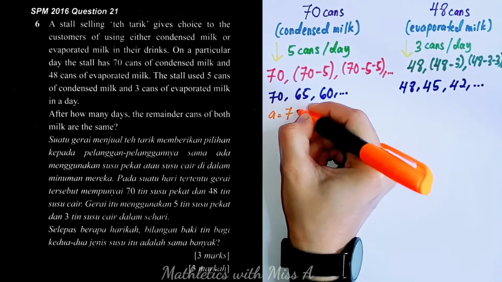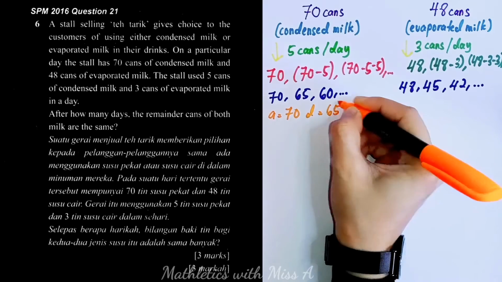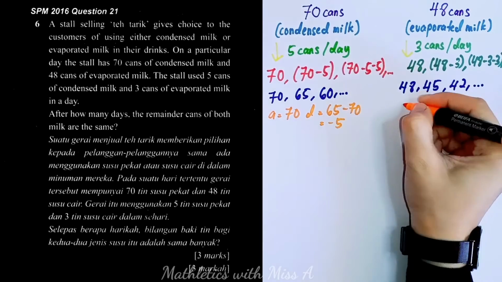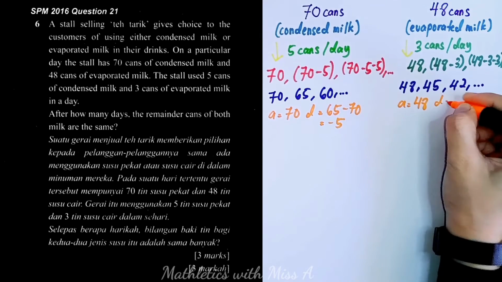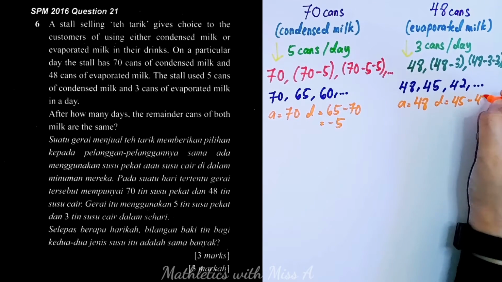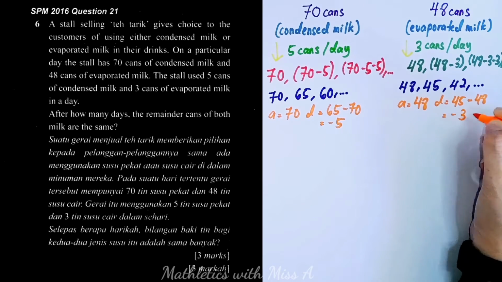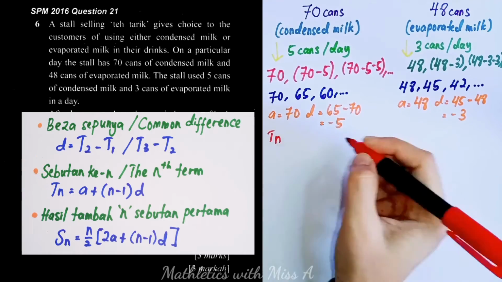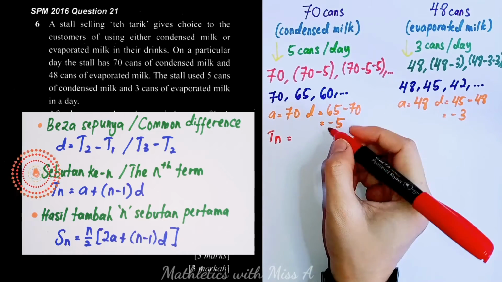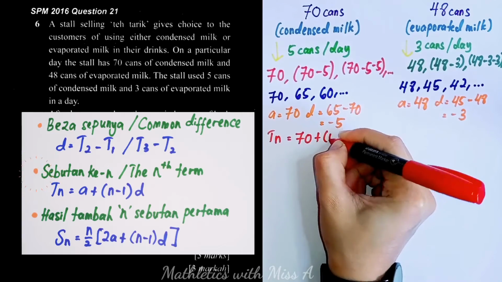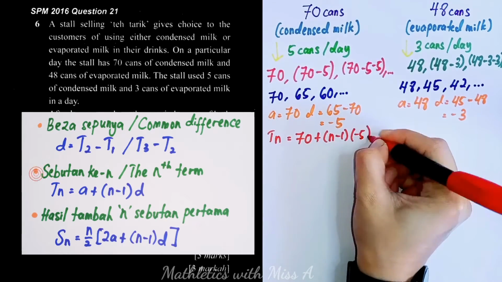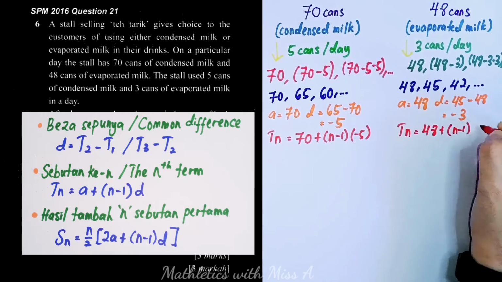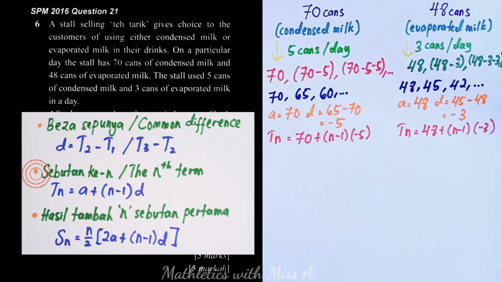And then determine the first term and the common difference. So a equals 70 and d equals negative 5. The other one, a equals 48 and d equals negative 3. So by using the formula of Tn, insert values: 70 plus n minus 1 times negative 5. The other one, 48 plus in bracket n minus 1 times negative 3.